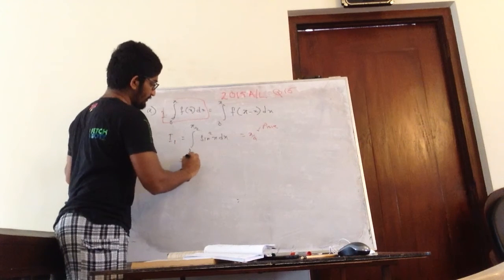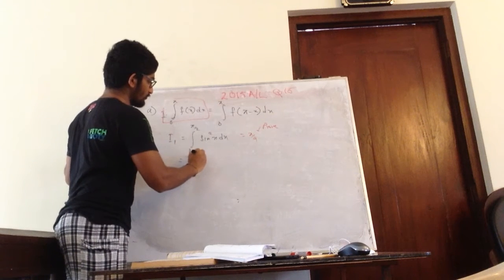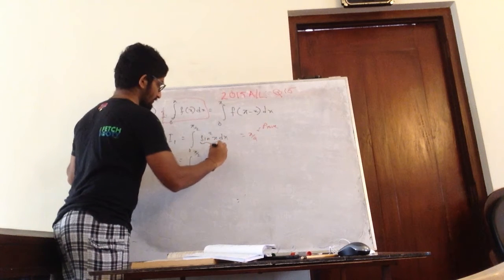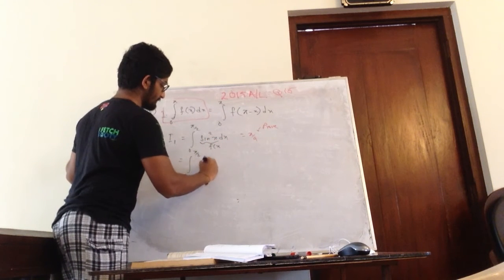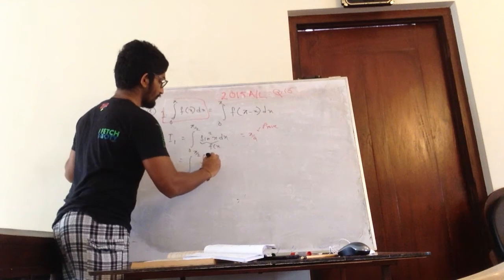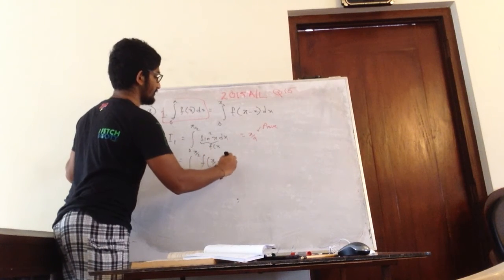So I know that this will be equal to the integral from 0 to 5 over 2. If this is f(x), then I can write this as f(5 over 2 minus x). So that is basically the integral from 0 to 5 over 2 of sine squared (5 over 2 minus x).